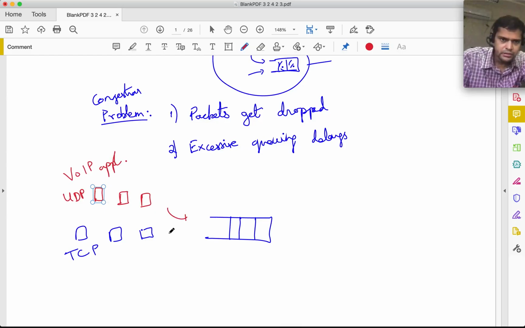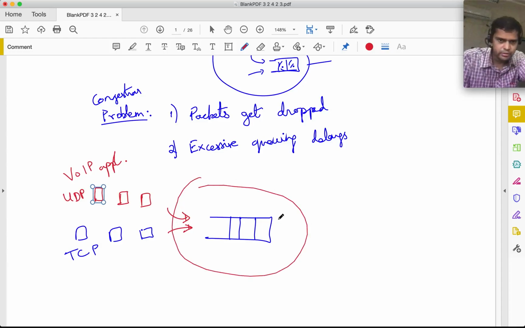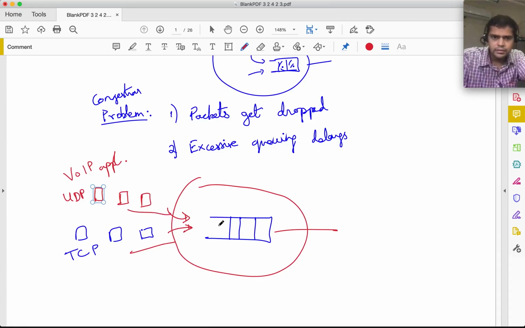And both of these, let's say, enter the same queue. There is no priority queuing or anything done to differentiate between these. So they come into the same router. These could be on the same input link, or on different input links, but they're meant for the same output link, so they get dumped into the same queue. Some of these may be UDP packets, but the rest may be TCP.